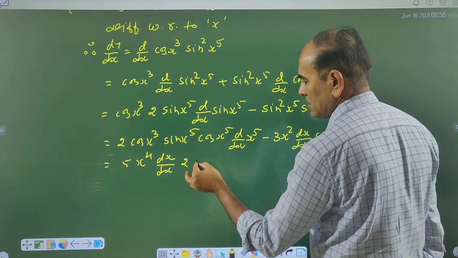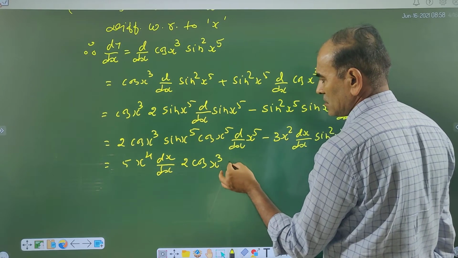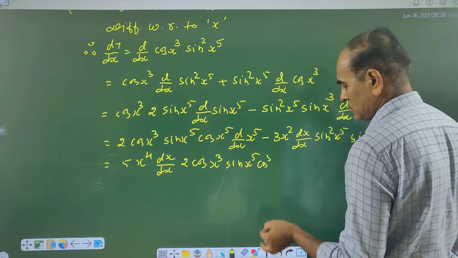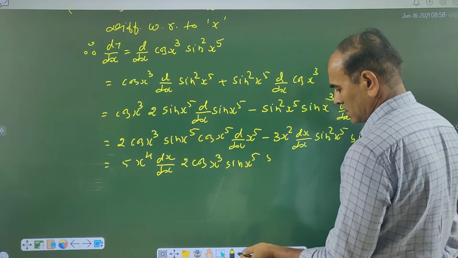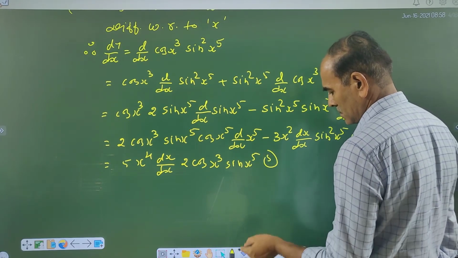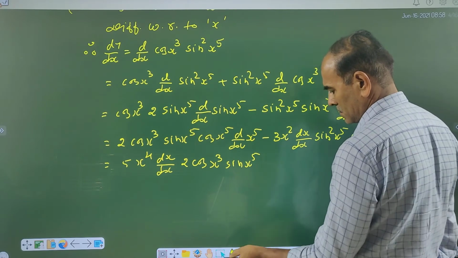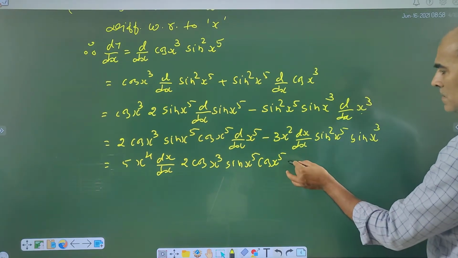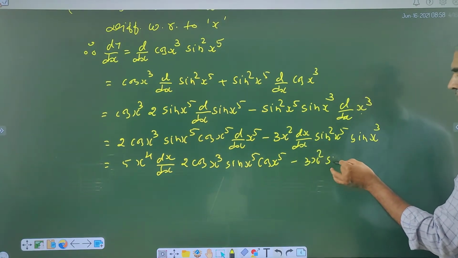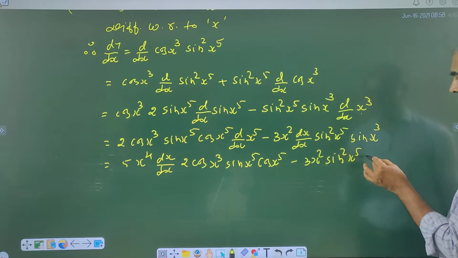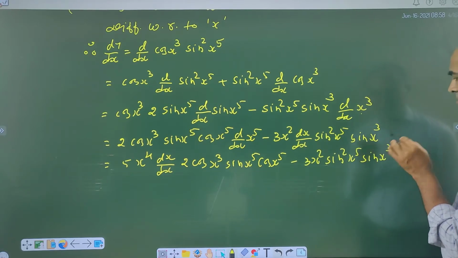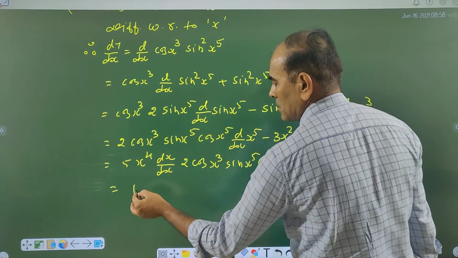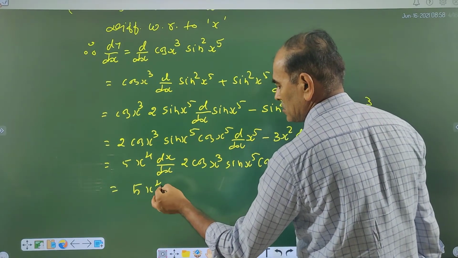The rest of the part will be 2 cos x cube sin x raised to 5 cos x raised to 5, minus 3x squared sin square x raised to 5 sin x cube also. Now that comes out 5x raised to 4.